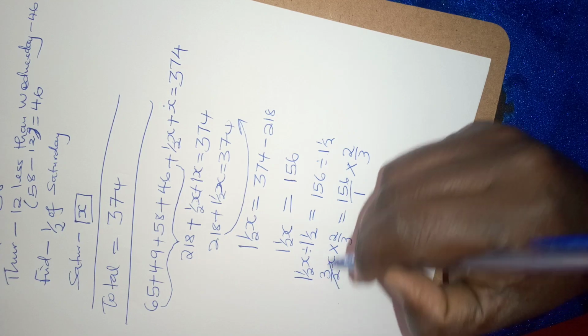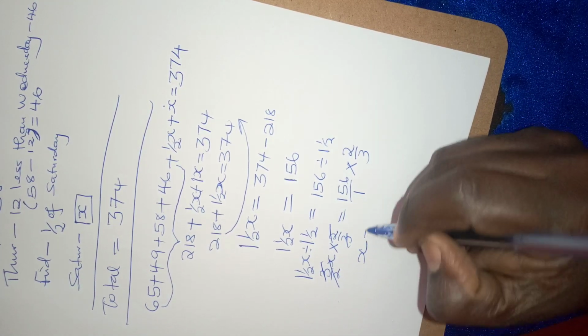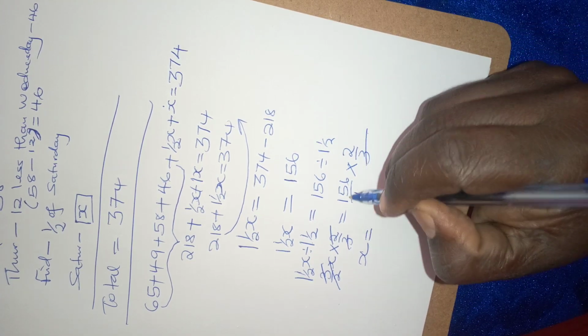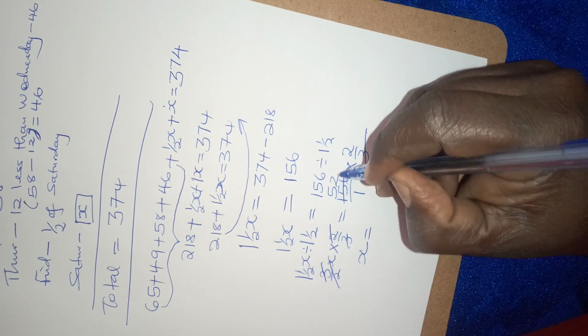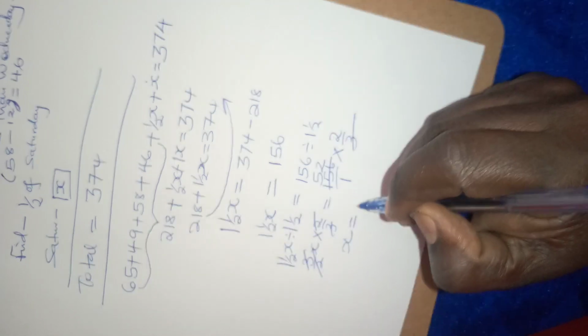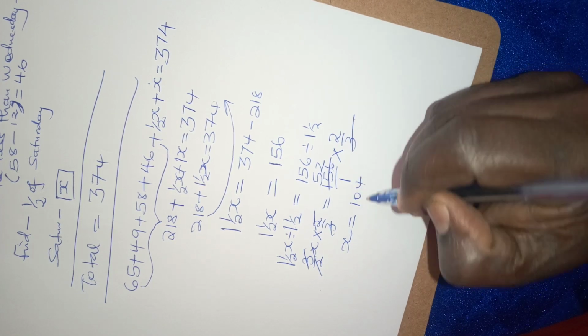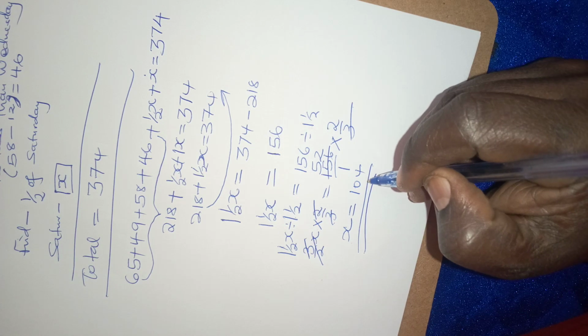So 2 will cancel with 2, 3 and 3. We shall remain with X being equal to 52 times 2, which is 104. So meaning that X is 104.